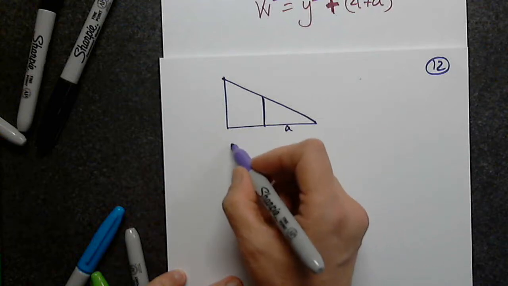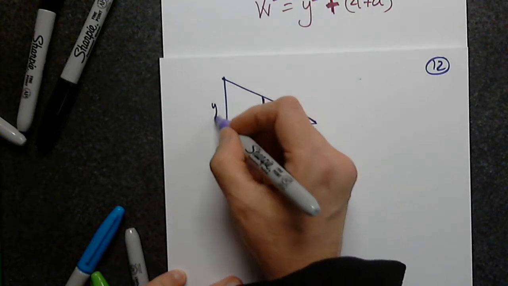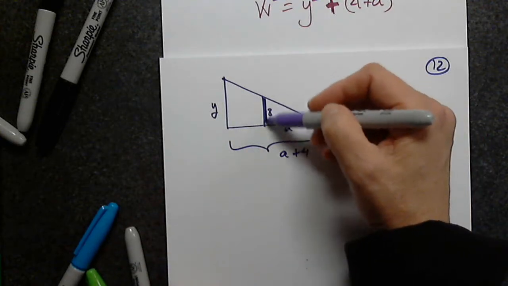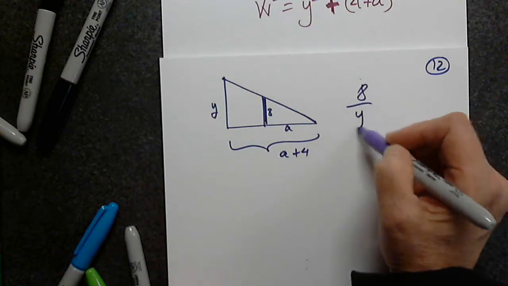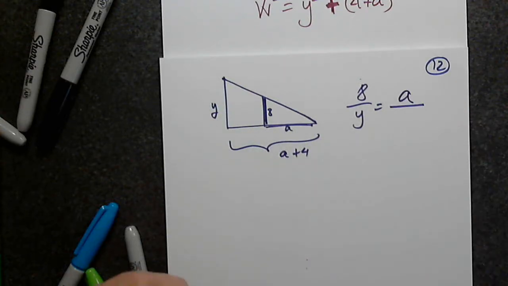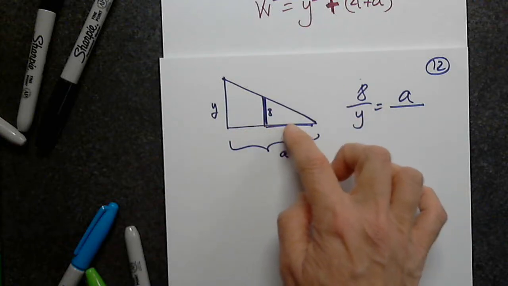A plus 4, 8, and Y. So 8 over Y equals A over A plus 4.